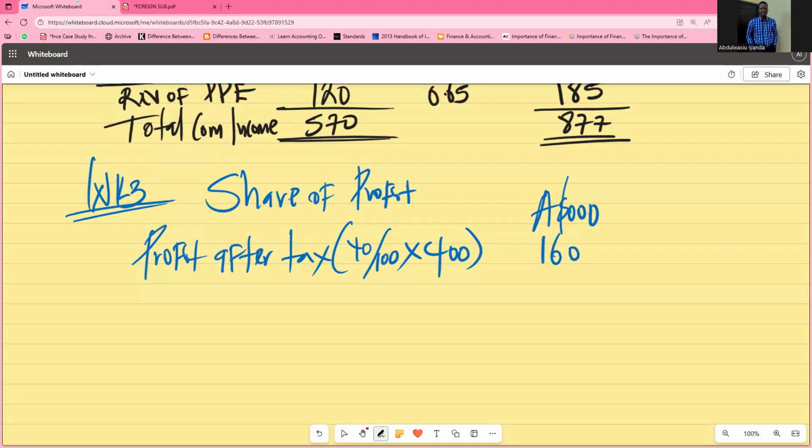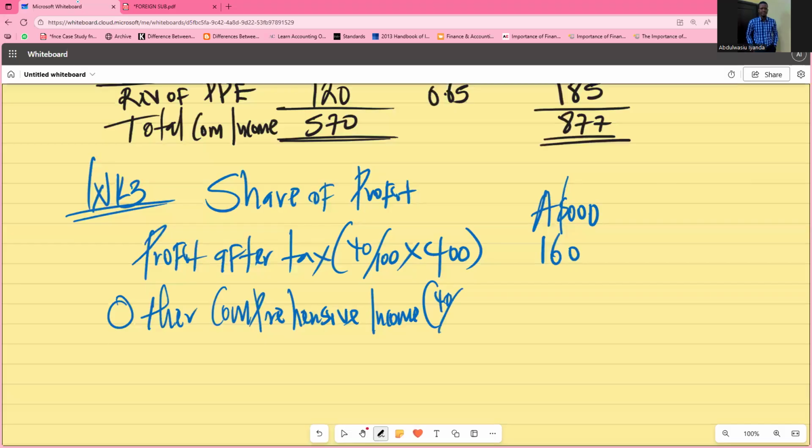Then I also work on OCI, the other comprehensive income. I'm also going to share from that as well, which is 70. Other comprehensive income is 40 divided by 100 multiplied by 70. So that is 28.